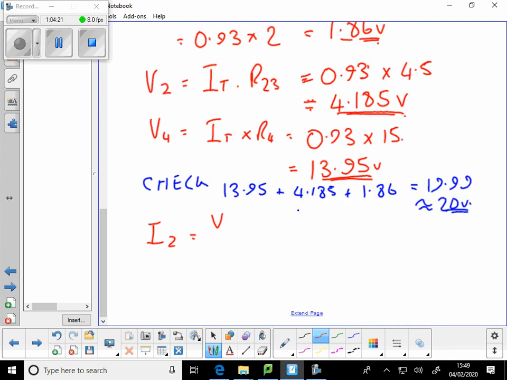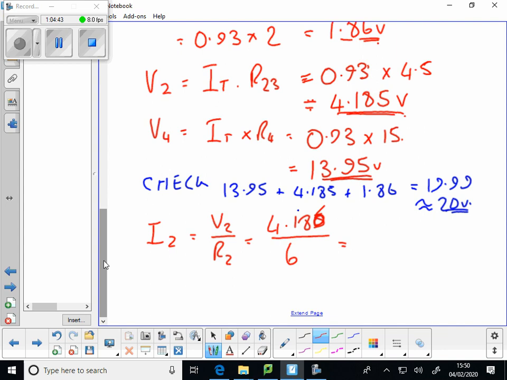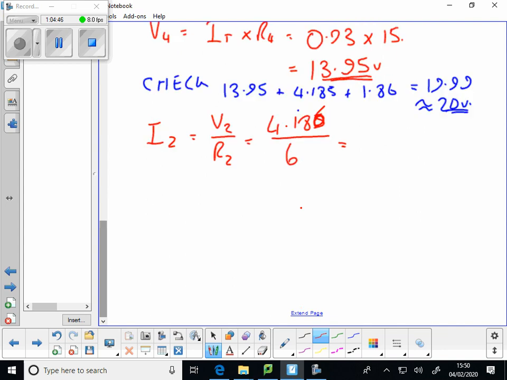Currents. V2 over 4.85 divided... going to make much difference. And the resistance of R2 is 3... 4.16 over, is it 2 ohms?